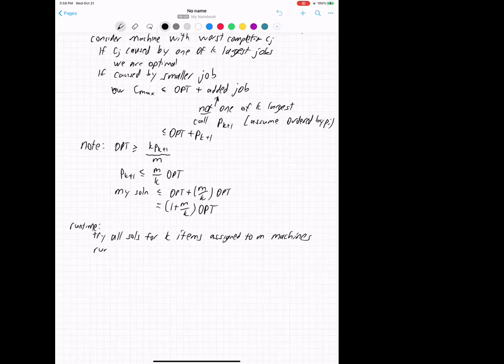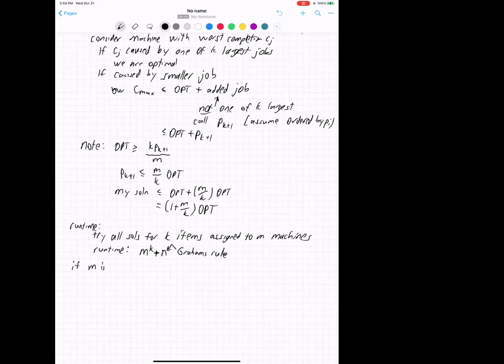And the runtime for that is going to be roughly m to the k, because for each of the k jobs, I have to try m different possibilities for where it goes. Okay. So if m is a constant, it's m to the k plus n for Graham's rule following.